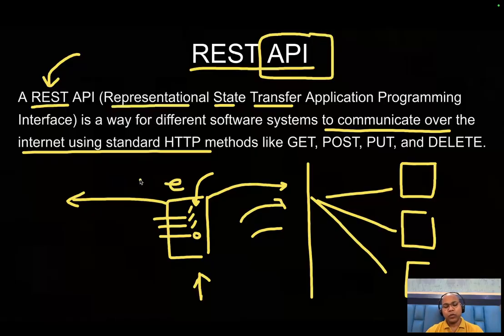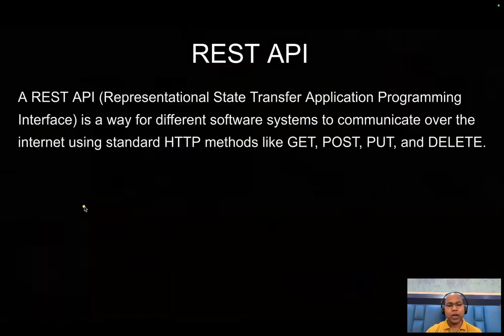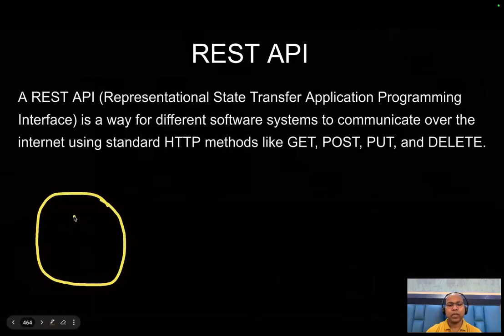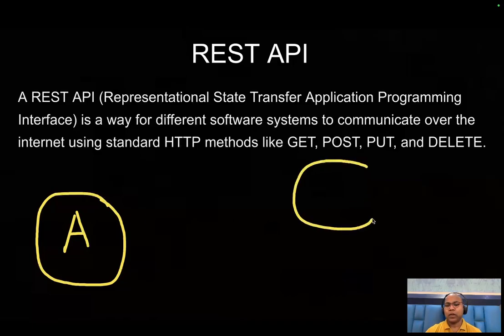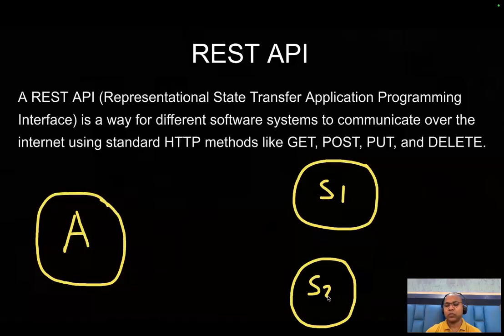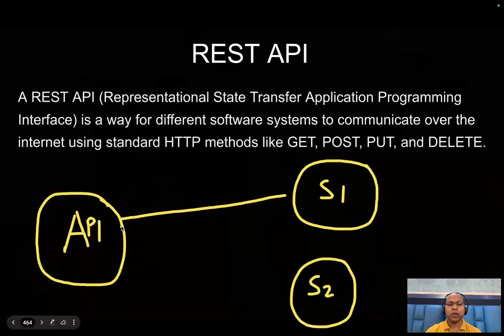So let's say we build our application. This is my application. This application exports API, and there may be another service A, service B, my service 1 and service 2. We have exposed some REST API here. This API can be consumed by service 1 and service 2.